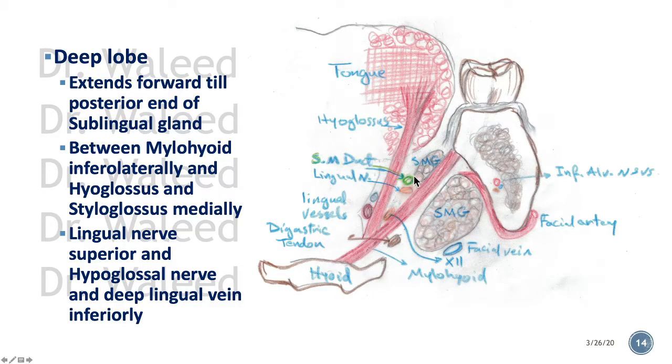Okay, again, for the deep lobe, between the hyoglossus medially and styloglossus, inserting in the hyoglossus, and the mylohyoid infralaterally. Now the lingual nerve comes out, is superior, then the submandibular ganglion, then the hypoglossal nerve, then the deep lingual vein.